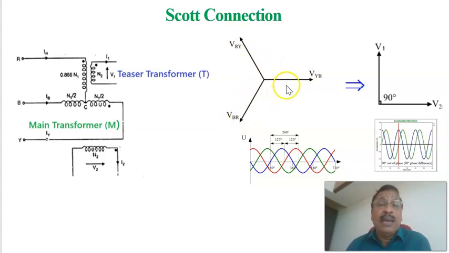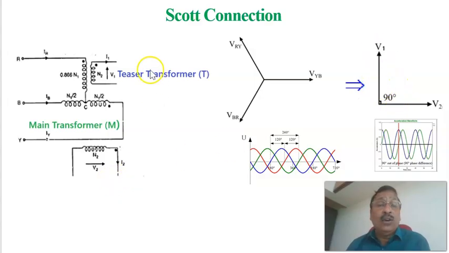For a balanced 3-phase input, the voltage at the input side is coming here, and at the output side the voltage across the teaser secondary is V1 and the voltage across the main transformer secondary is V2. This is the 2-phase voltage available at the two secondaries of these transformers, and they are 90-degree phase shifted.